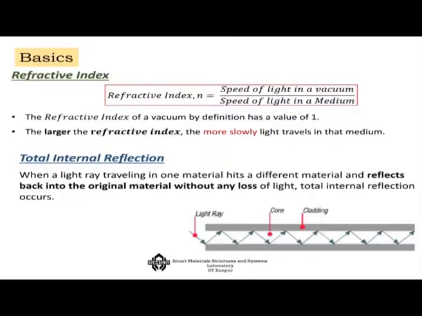So, the refractive index of a vacuum by definition has a value of unity. Now, when we are going to a medium, then the refractive index is actually larger, and the larger the refractive index is, the more slowly light travels in that medium.